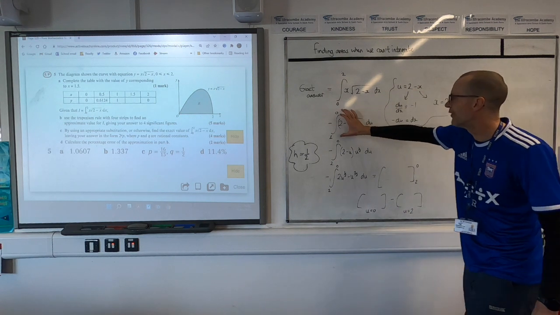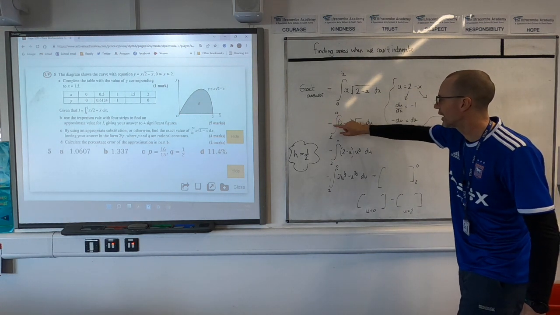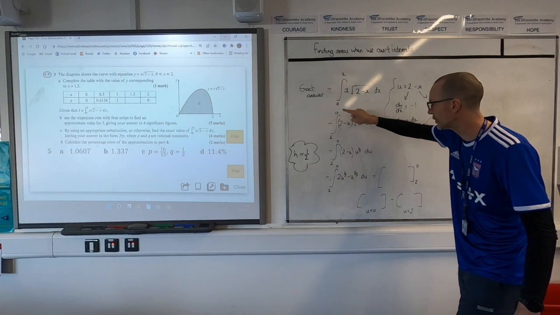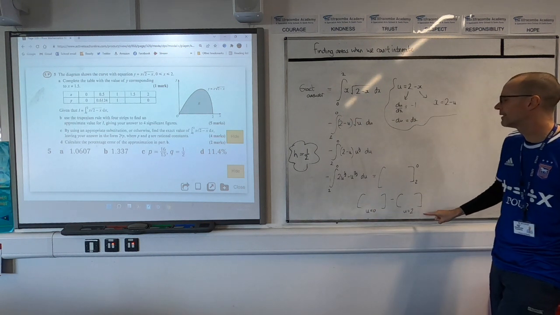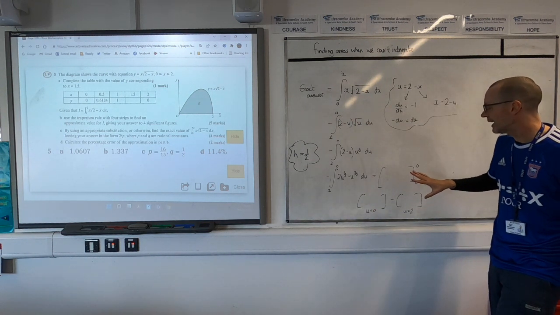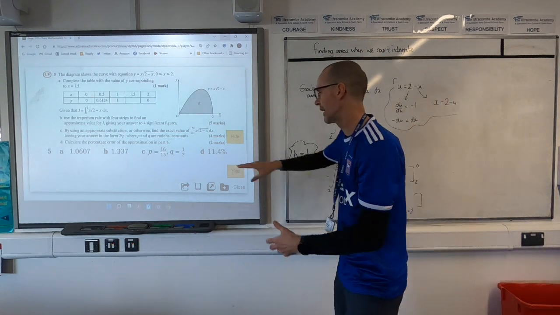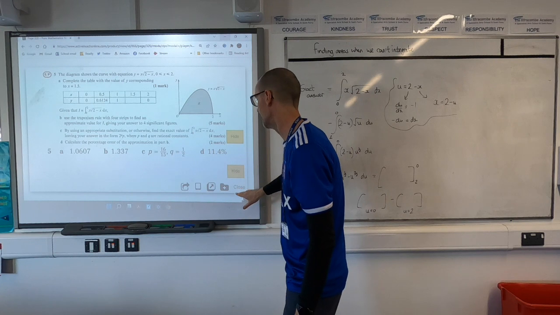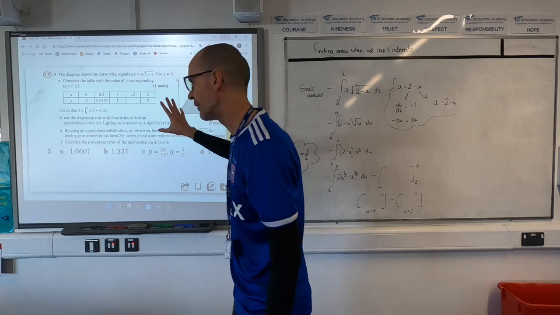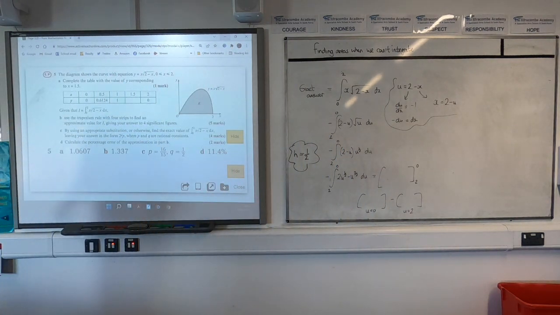I changed my values to u values, and then you've got that odd thing where this is now smaller, but you still do that one first. So that's going to give me my exact answer, and then you're going to do the error over the exact answer. You should get 11.4. So see if you can get that question finished off.